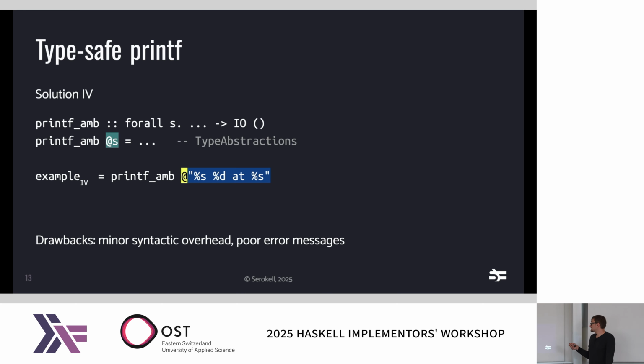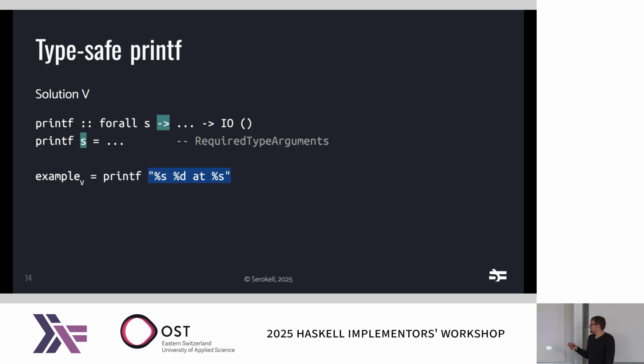But since it is quite useful to work with invisible type variables, we did add type abstractions, which allows you to bind them in the equations with the @ sign that at least addresses the higher order scenarios. Error messages are still in question.